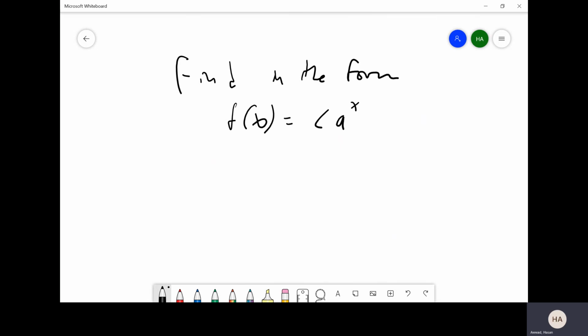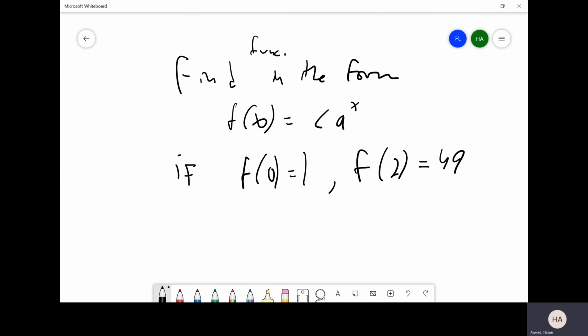So we might have a coefficient here. What we're given is that f of 0 is equal to 1 and f of 2 is equal to 49.